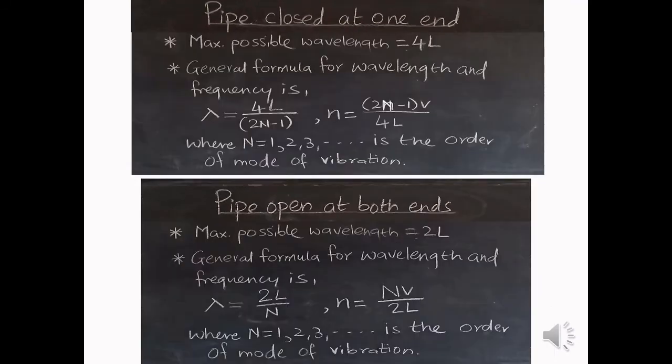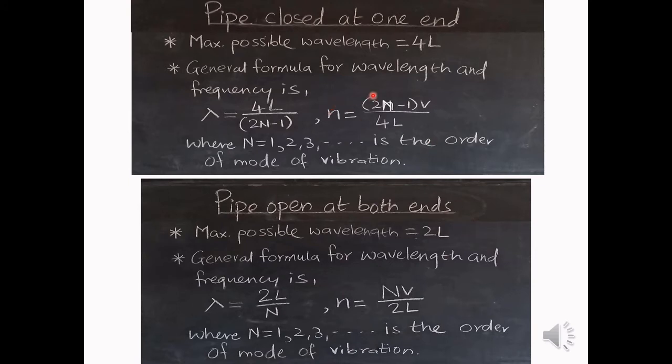In case of a pipe which is closed at one end, the maximum possible wavelength is 4 times L, and it is in case of fundamental mode, and we have already seen that the wavelength goes on decreasing for higher modes of vibration. Whereas in case of pipe open at both ends, the maximum possible wavelength is twice L. Again, it is in case of fundamental mode, and for further modes, the wavelength goes on decreasing.